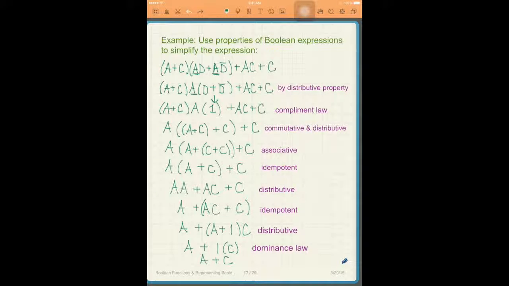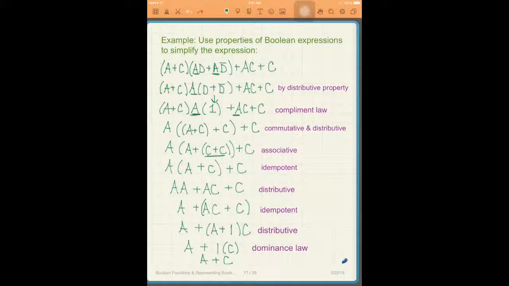From this step, you could factor out an a, because you notice that a is in common: this a here and this a over here, you can factor that part out with a distributive property. From that point, what do you have left? Then I just use the associative regrouping, and you know that if you have c plus c, that's c or c, you're just going to get back c.